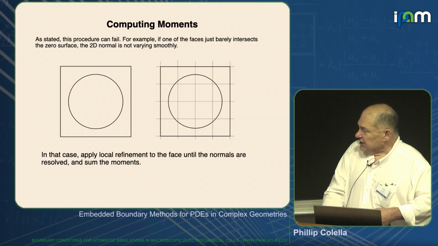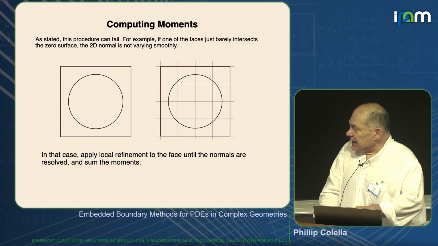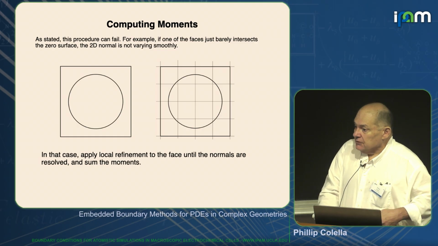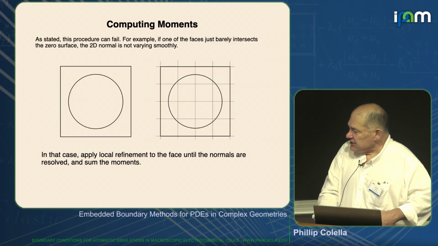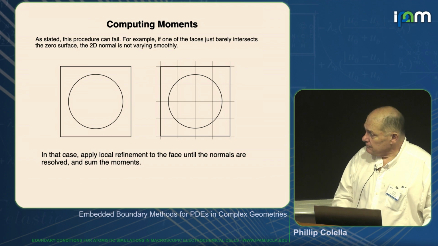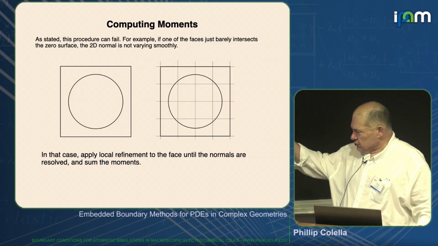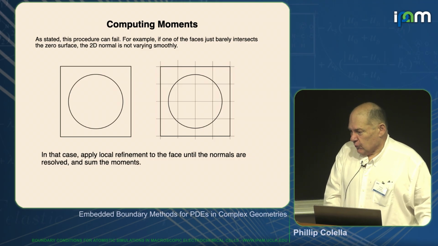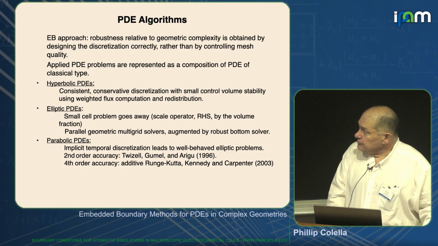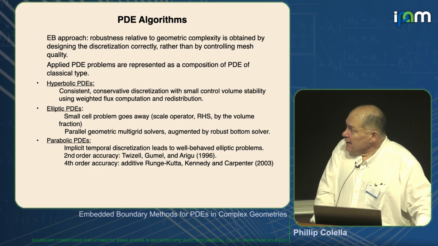So that's what you do here: you just subdivide until you get an acceptable level of error in your Taylor expansion for the 2D normal here, compute the moments, and sum. And there are multiple versions of this kind of problem, and adaptive subdivision kind of fixes all of them. And they're fairly sparse. You can afford to do this calculation. Okay, so that's all of grid generation for any order.